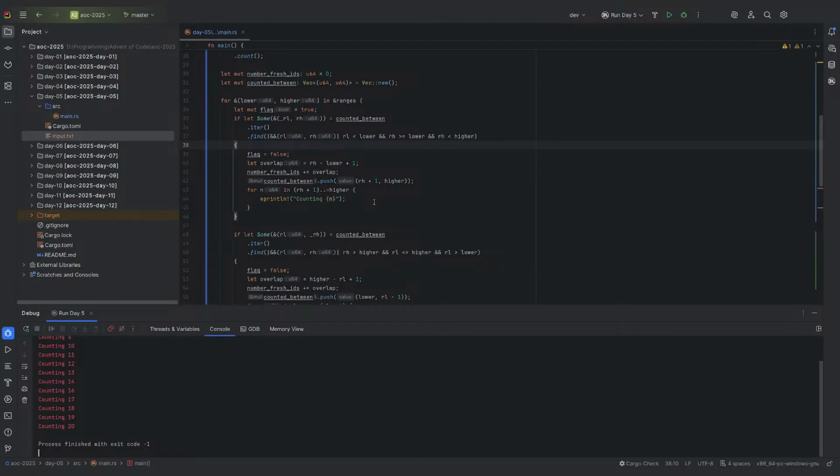Again, could be easier if I just didn't bother. The issue is still fully contained ranges. They really throw things off badly.